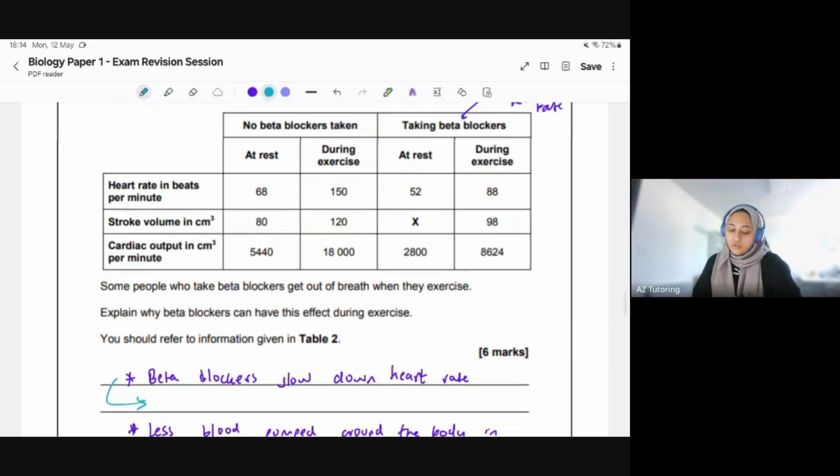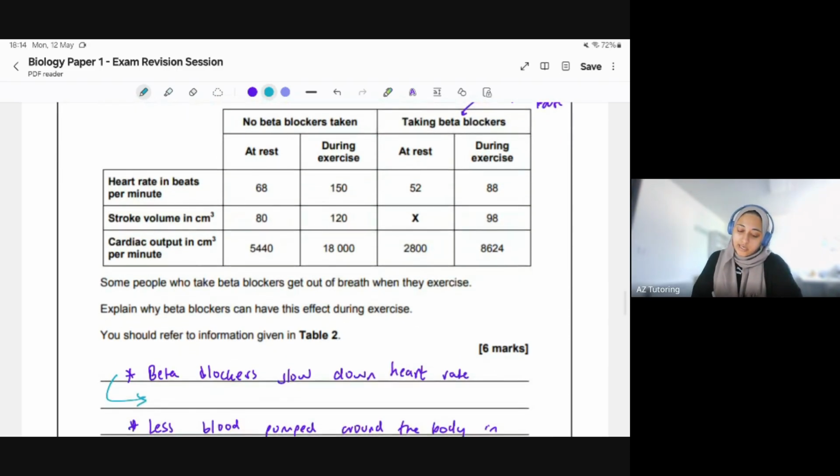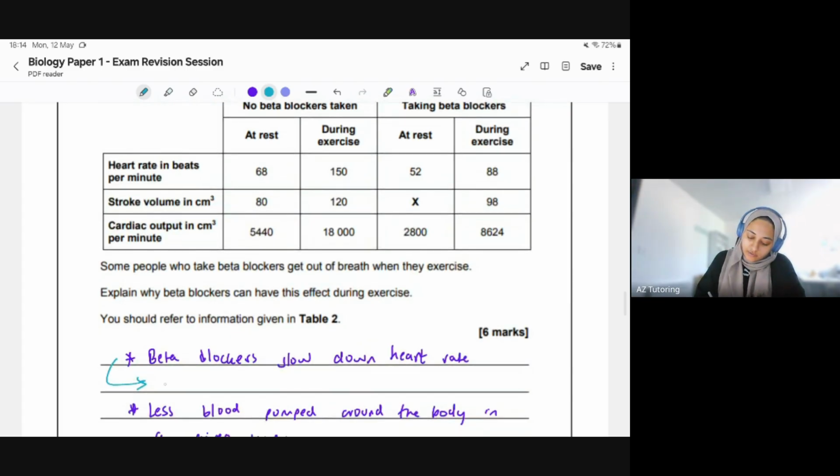Let's refer to figure 2. And it does the heart rate. So you can say heart rate, so this line here, for no beta blockers given, no beta blockers. Let's just say during exercise, because they care about exercise.